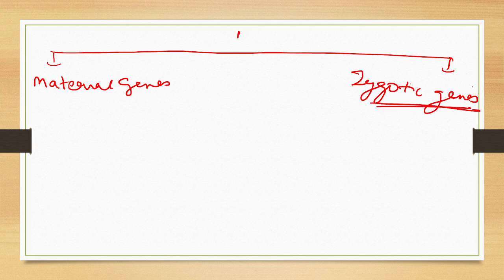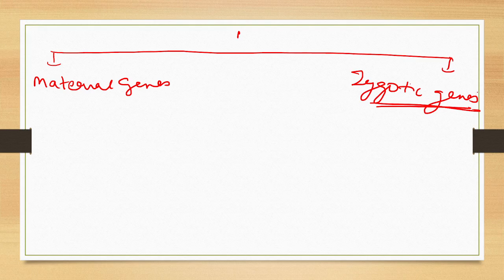Maternal genes are the genes that regulate the early development. And zygotic genes are the genes which are expressed just after the zygote formation.